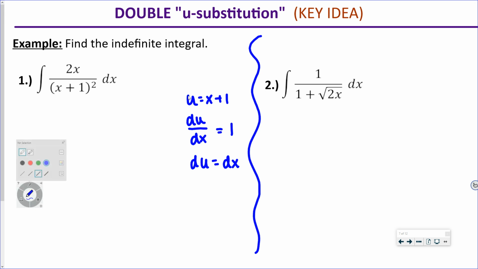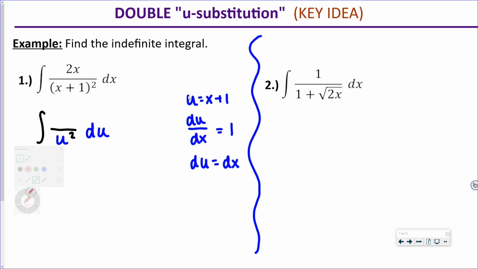So right now I'm here, and I let u be x plus 1, so I have that squared, and then du is the same as dx. And then I could be substituting that in like so.